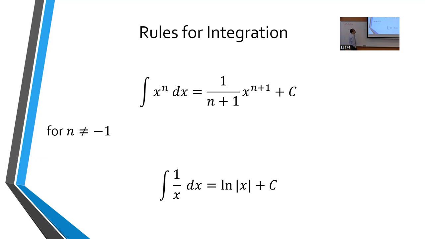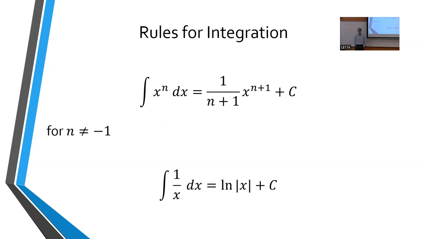Now that works for any n possible, even if the n is not an integer. So if n was negative 3.8, you could actually apply that rule to x to the negative 3.8 power.